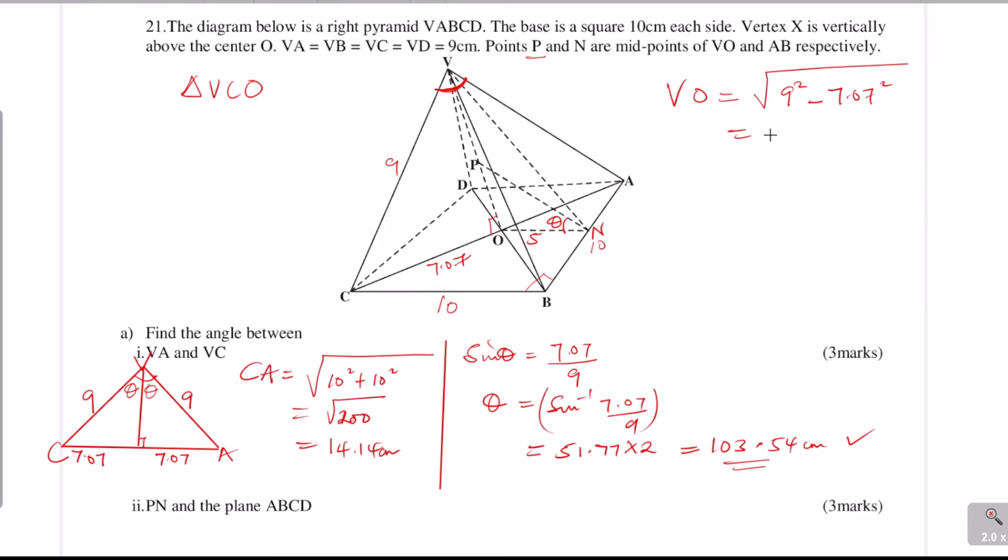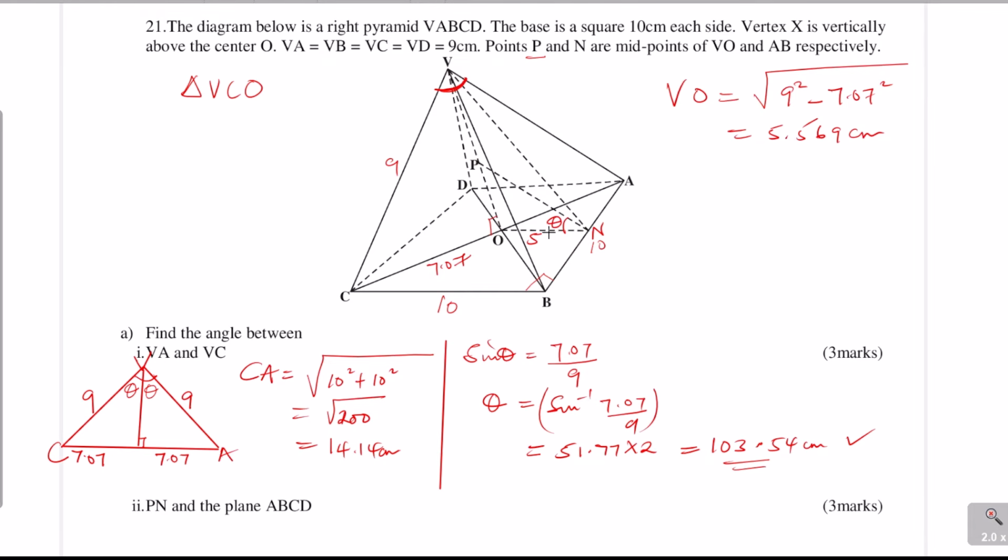So let us work out these. 9 squared minus 7.07 squared, then you get the square root. That gives 5.569 centimeters. That is the vertical height VO.